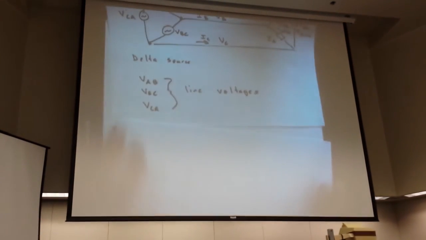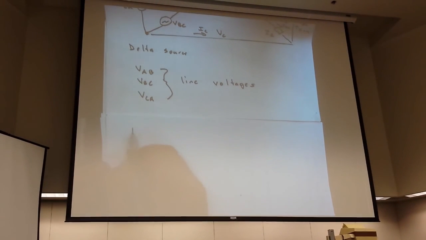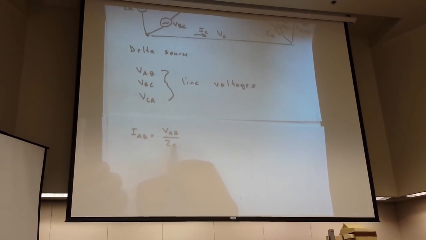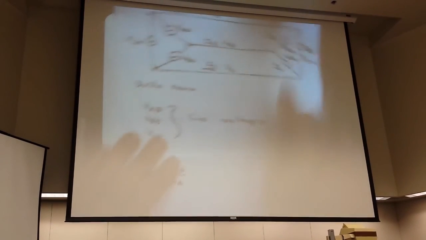So what's IAB? Well, VAB over Z delta. Ohm's law applies. This is a closed loop.